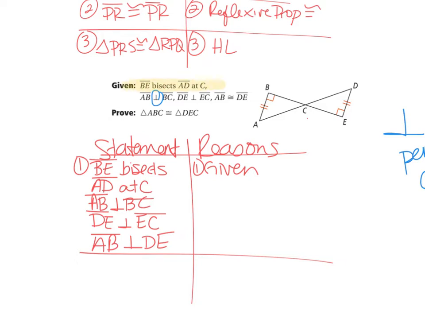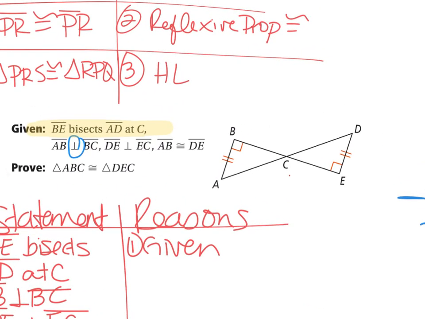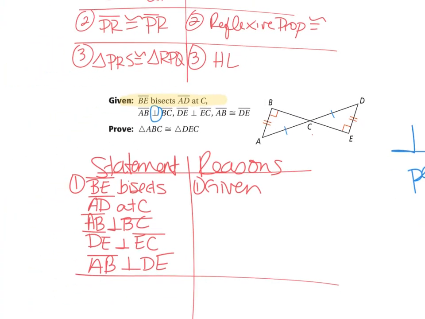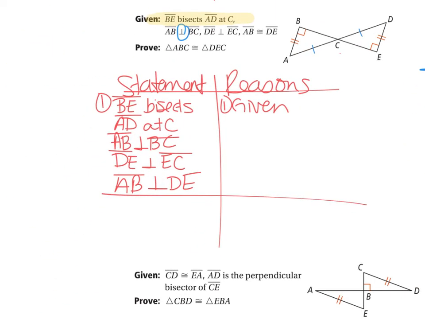So it says BE bisects AD. So if it bisects the segment AD, it means it cuts it into two equal pieces, right? So then we need to say this in the proof. Oh no, I'm going to run out of room.